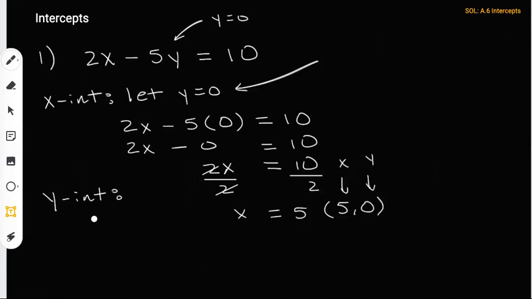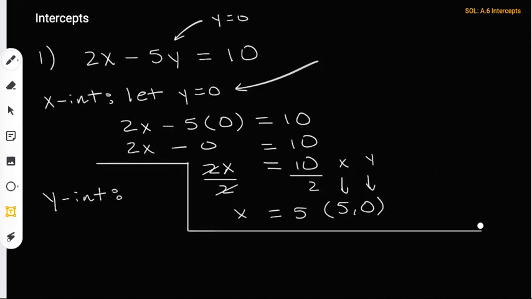So now let's do the y-intercept. Let me go ahead and separate this. Now to find the y-intercept, we're going to do the opposite. We're going to let x equal 0. So we're going to get 2 times 0 minus 5y equals 10 from our original equation up here.